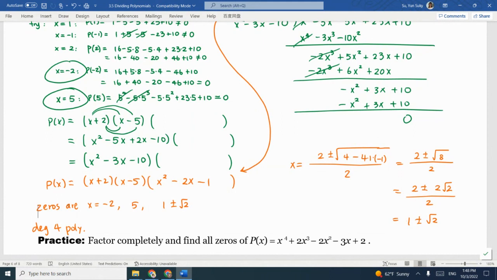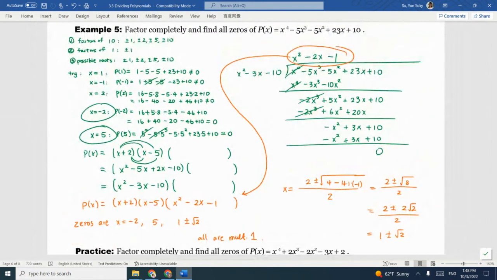Okay? So it has 4 zeros. And in this case, all multiplicity 1. Okay? So this multiplicity, the exponent of the corresponding factor. They're almost multiplicity 1. So far, so good, everybody?